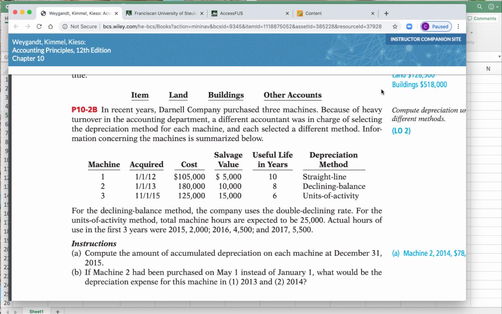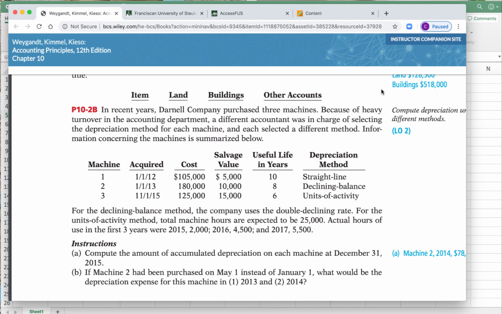Okay. So what I already went ahead and did was create a little bit of an Excel spreadsheet, and I'll show you that in a second. The instructions want us to compute the amount of accumulated depreciation for each machine as of 12/31/2015.